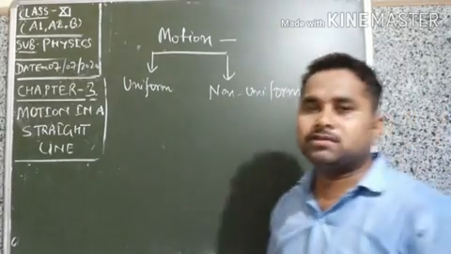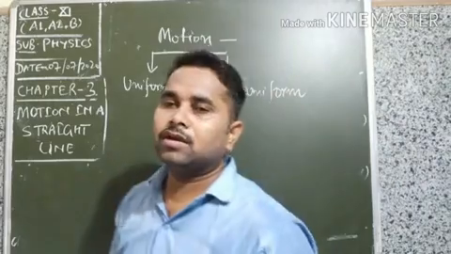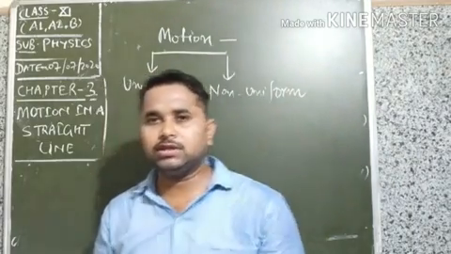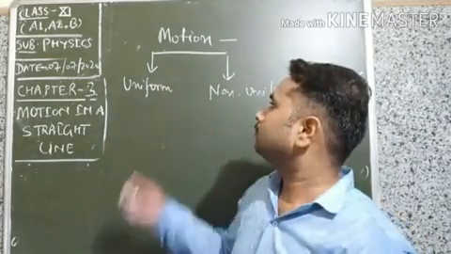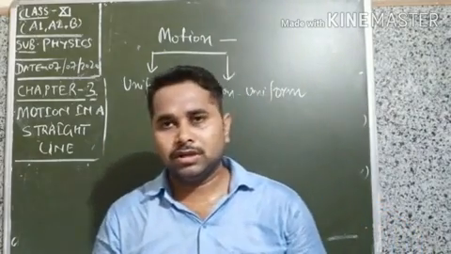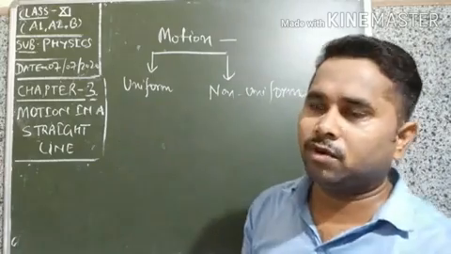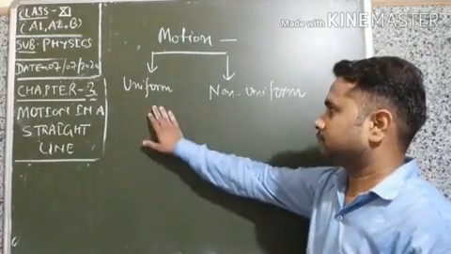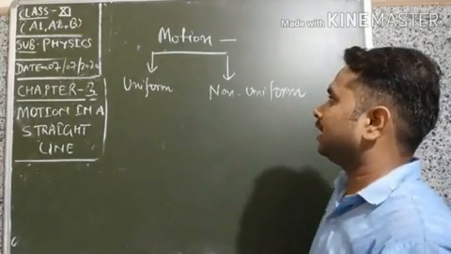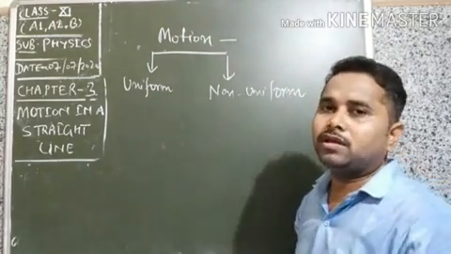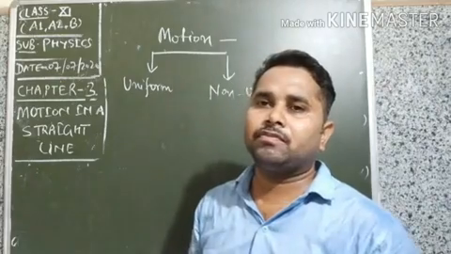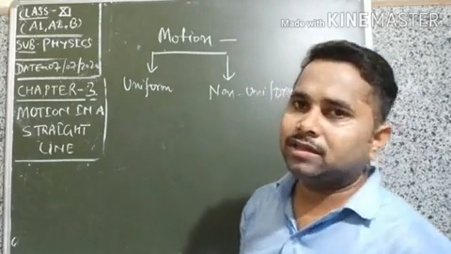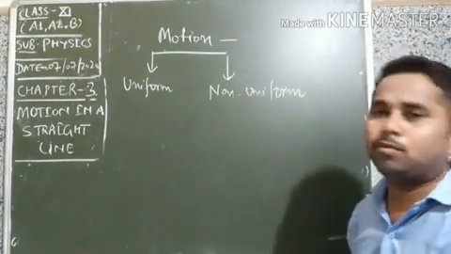Uniform motion means when the body is moving with constant speed or velocity, then the body's motion is called uniform motion, or its speed or velocity is called uniform speed or velocity. Also, uniform motion can be described thus: if the body covers equal distances in equal intervals of time throughout the motion, then the body is said to be in uniform motion.